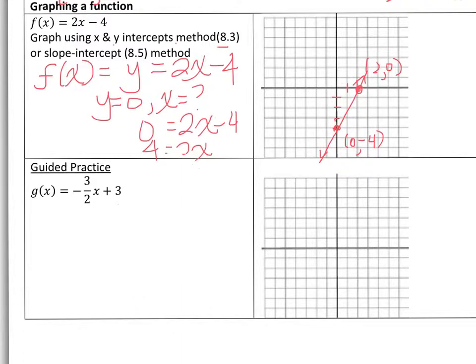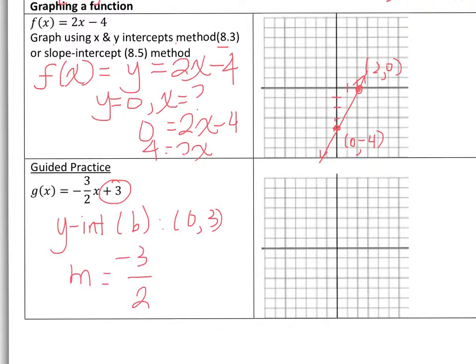For the next problem, I'm going to use the slope-intercept form. So I know my y-intercept, b, is 0, positive 3. And my slope is negative 3 over 2. As you can recall from 8.5, we need to first graph the y-intercept. And I'm going to plot the point 0, 3. Okay.